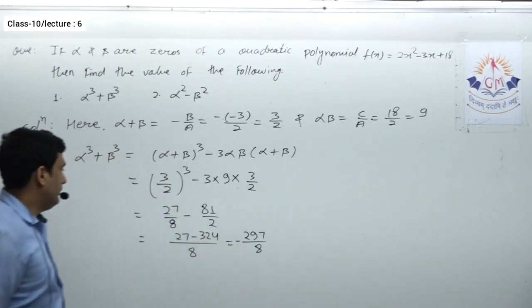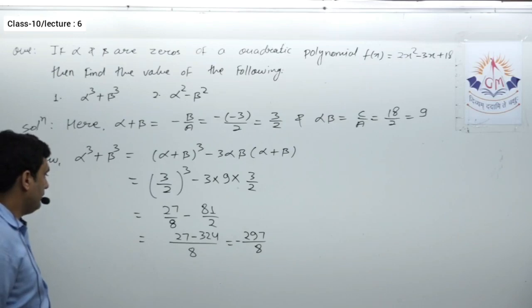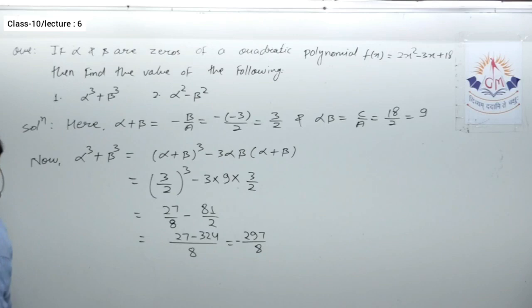Please note it down, then we'll see how to find the value of alpha square minus beta square.